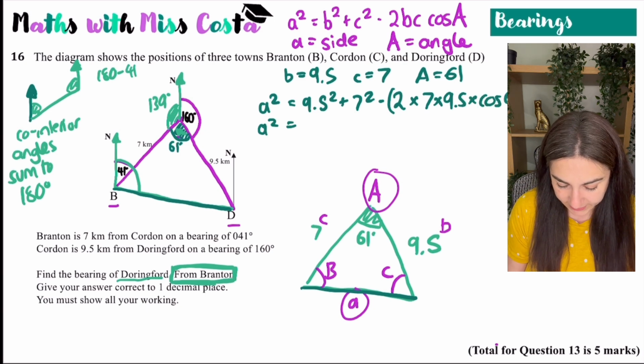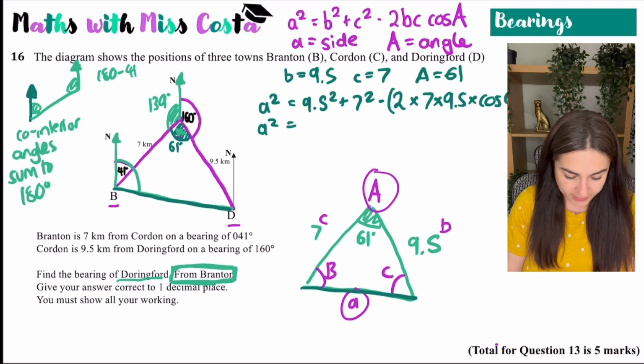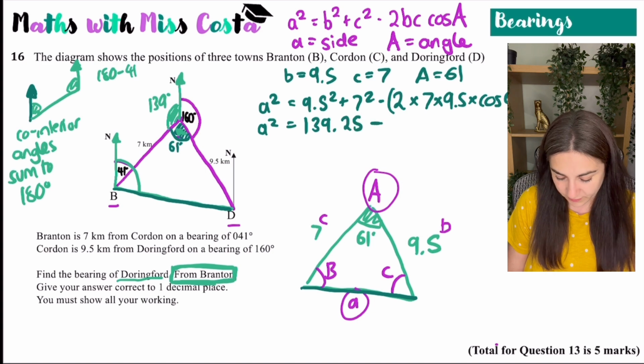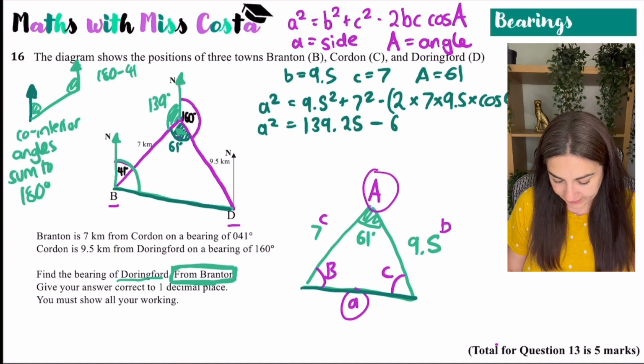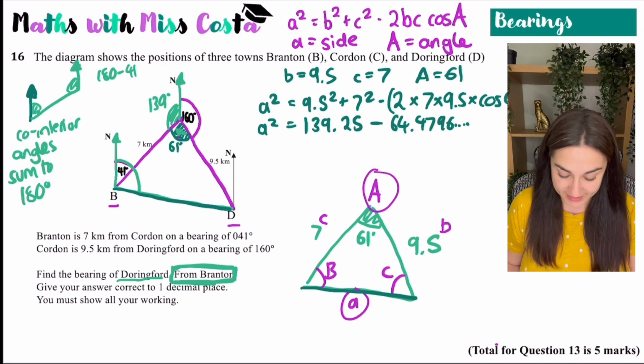A squared is going to be, and I always tend to do the calculation in two parts, so I do 9.5 squared plus 7 squared, just because it minimises accidental errors on the calculator. So that's 139.25, and then 2 times 7 times 9.5 times cos 61 is 64.4796, but I don't need to write it all out because it's memorised on my calculator.